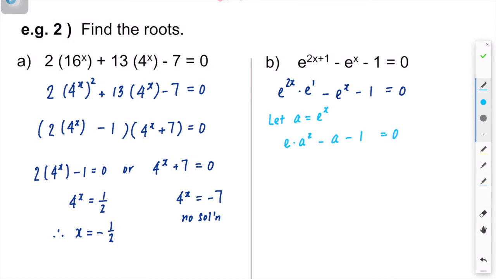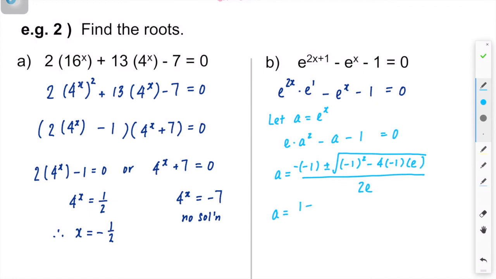I don't want to factor this. So let's solve for a using the quadratic formula. So a is equal to negative b, so negative of negative 1, plus or minus the square root of b squared minus 4ac. I'm going to flip the c and a, all over 2e. This is a monster.